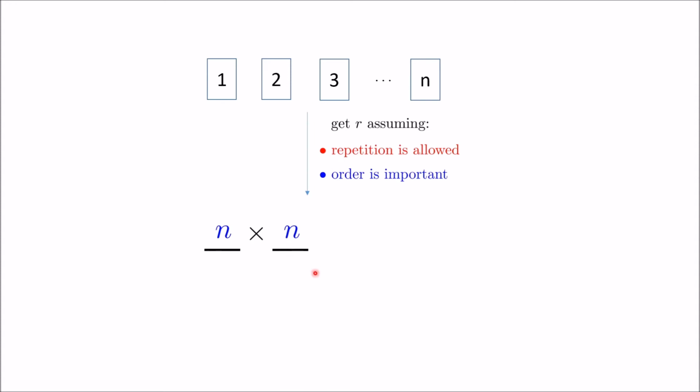Nothing's changed because repetition is still allowed. Everything's still available to you. I'm asking you to get r, so altogether there should be r of these slots. And we multiply them together. The index laws tell you that this is n to the power of r. So this is a general formula for this situation if you like.